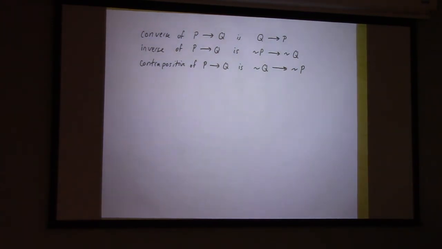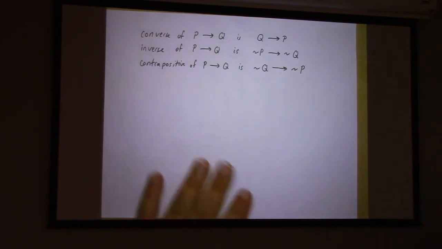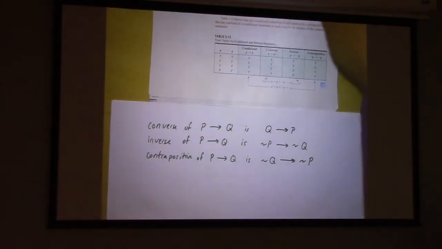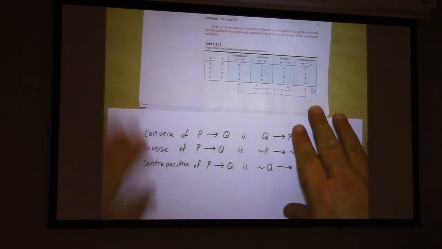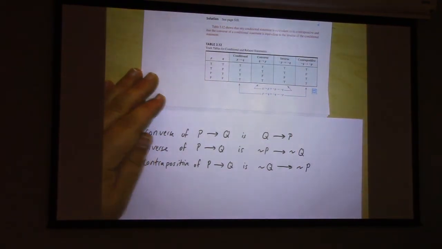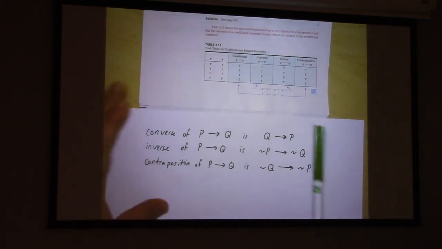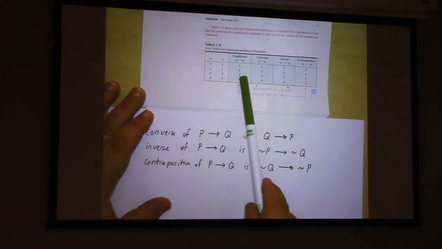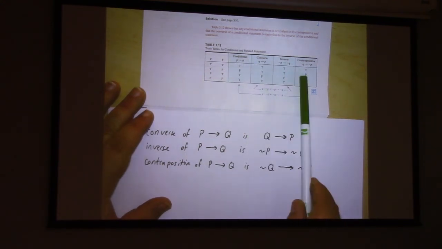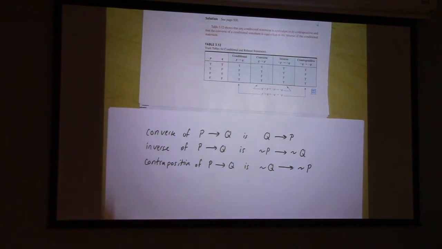So there's a nice truth table, which if you don't mind, I'm just going to use the book here. So like, see right here? If you look at the truth table, here we have the truth table for the conditional, its converse, its inverse, and its contrapositive, right?